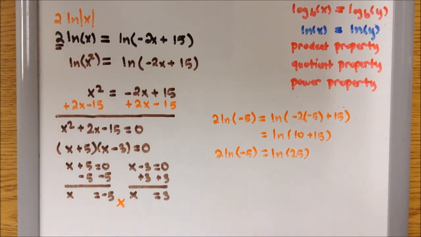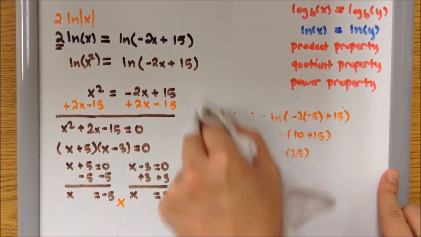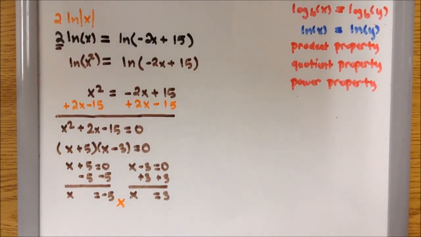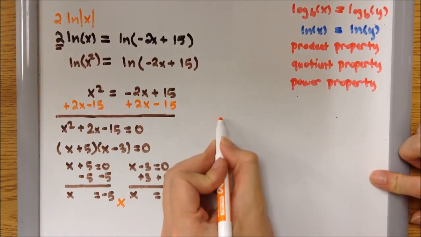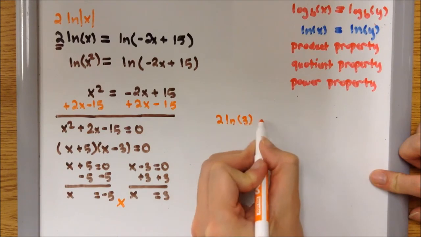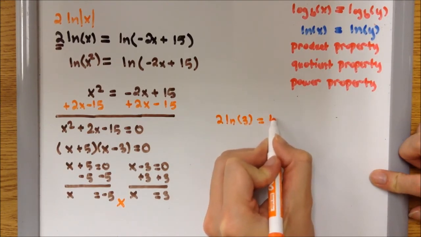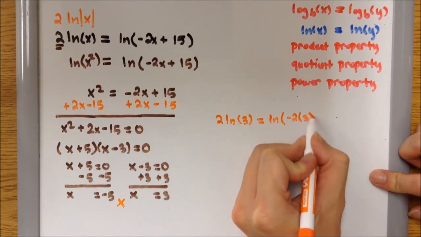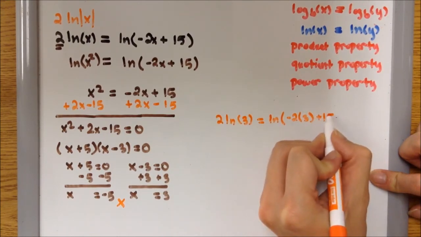Now, I'm going to make some room and test out x equals 3. So, 2 natural log of 3 equals natural log of negative 2 times 3 plus 15.